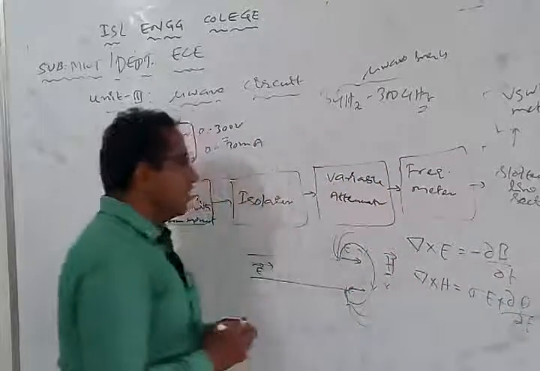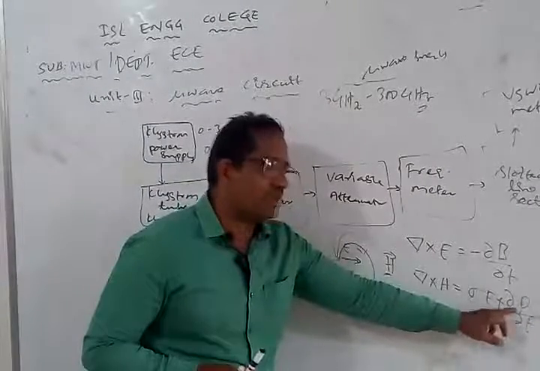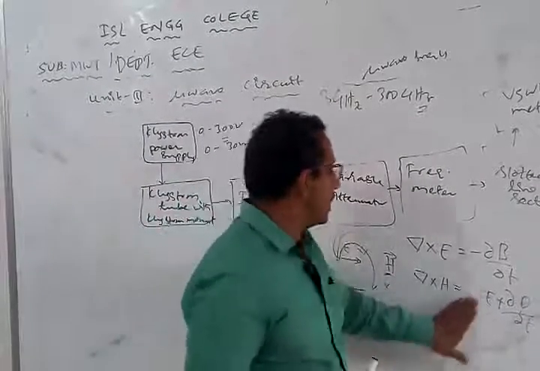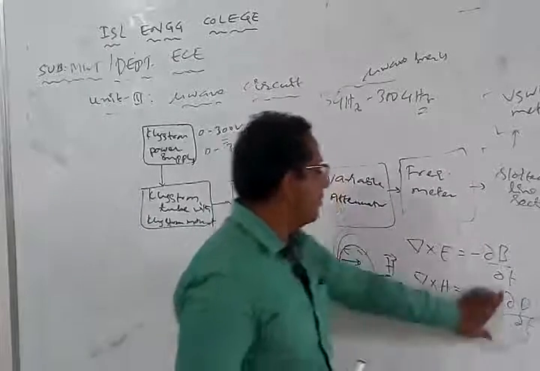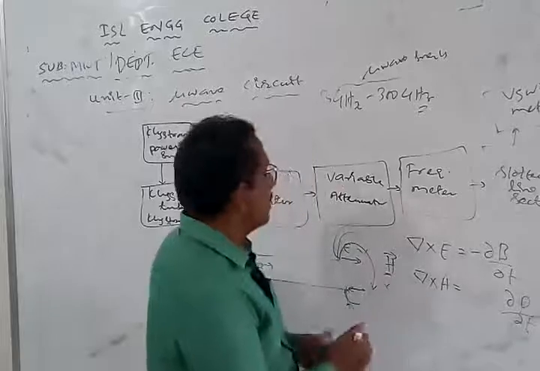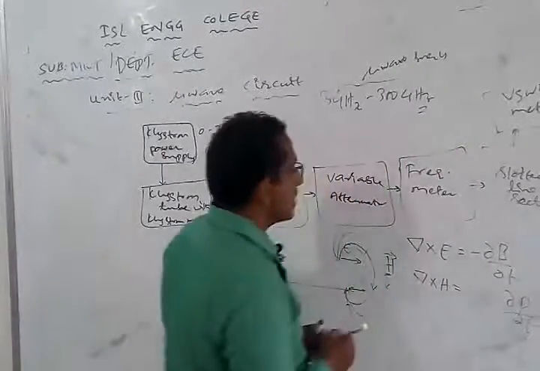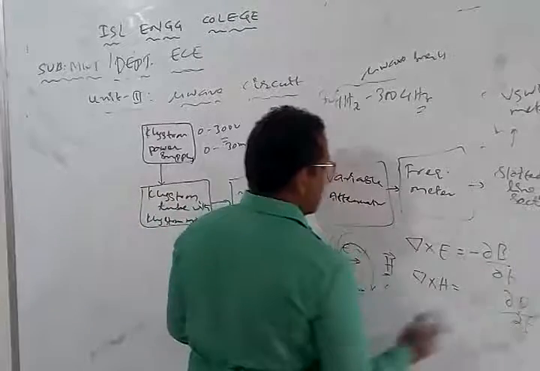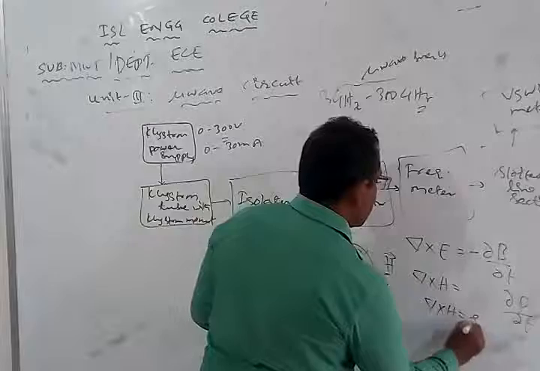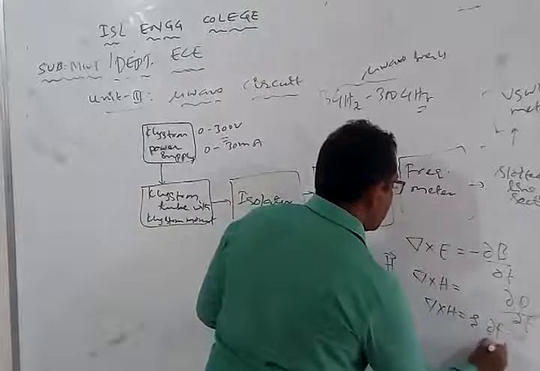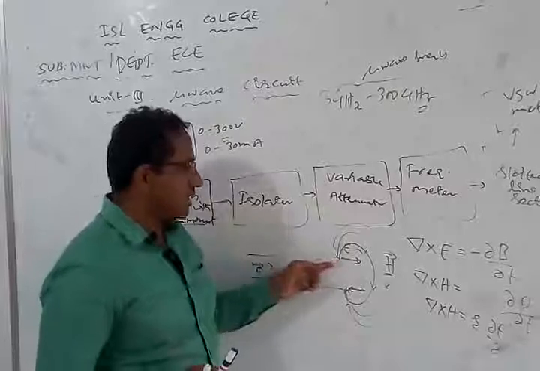Now if the electric field is time varying, and you assume a non-conductive medium, free space with no conductivity, we can write del cross H is equal to epsilon dou E by dou T. Here the electric field is time varying.